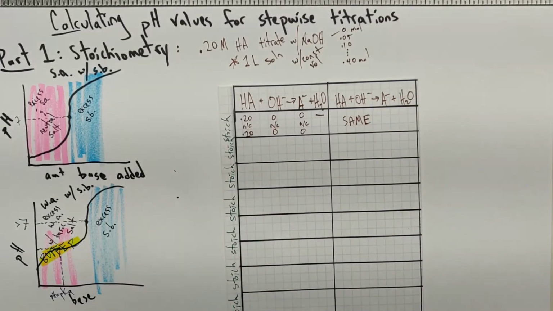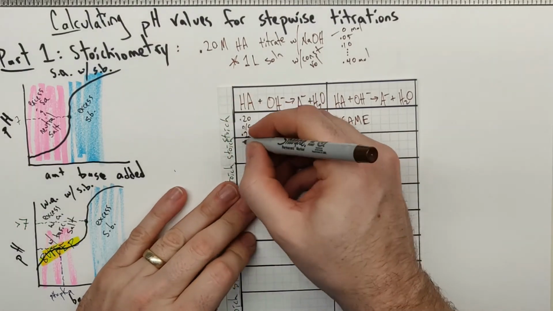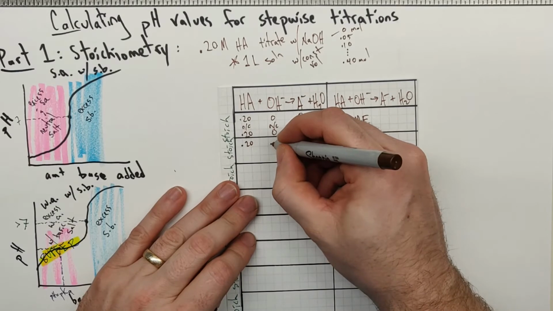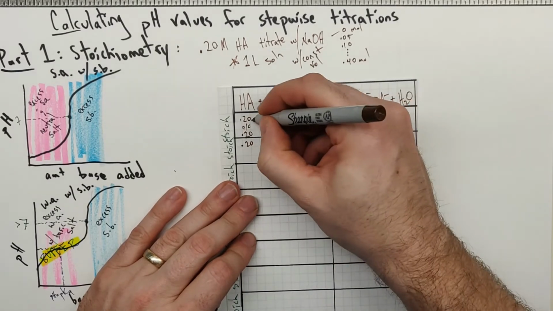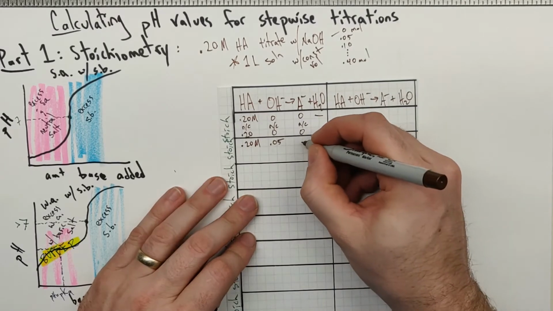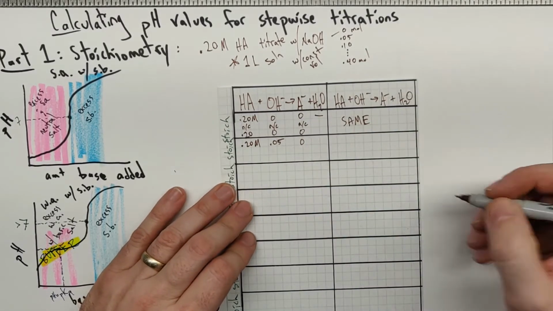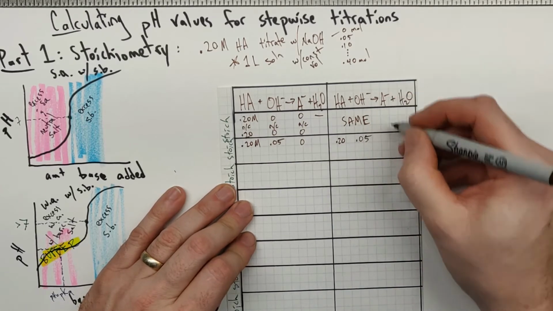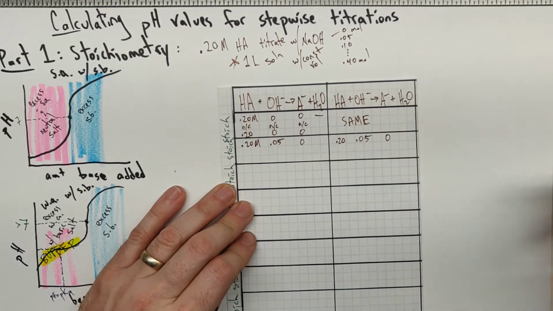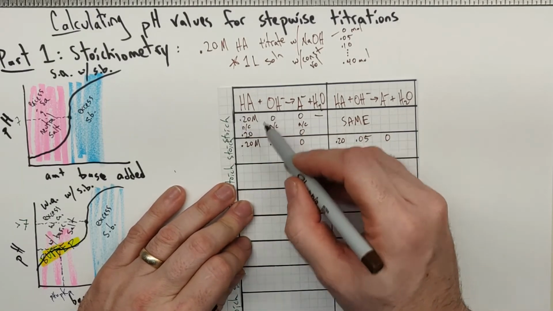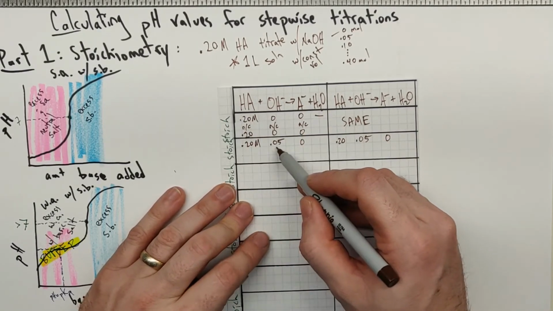Now, depending on how you want to think about it, we're going to do the 0.20, and for this first step, it'll end up the same way. We're going to add our 0.05, we'll call that molarity, but it's moles of the NaOH, and we don't have any of that starting out. Same deal here, 0.20, 0.05, and then we don't have any of that starting out. We're going to look at the stoichiometry here. It's 1 to 1. I've got 0.2 of this thing, 0.05 of this thing.